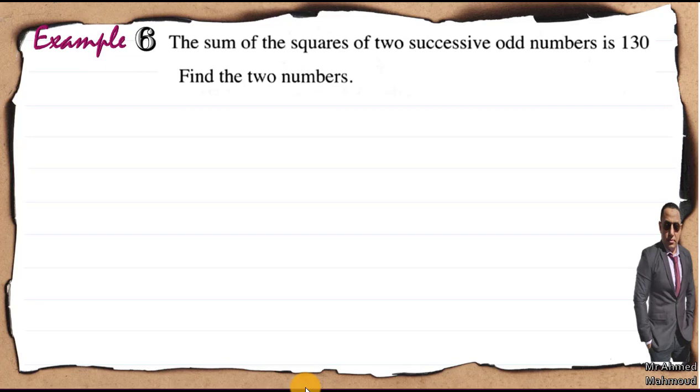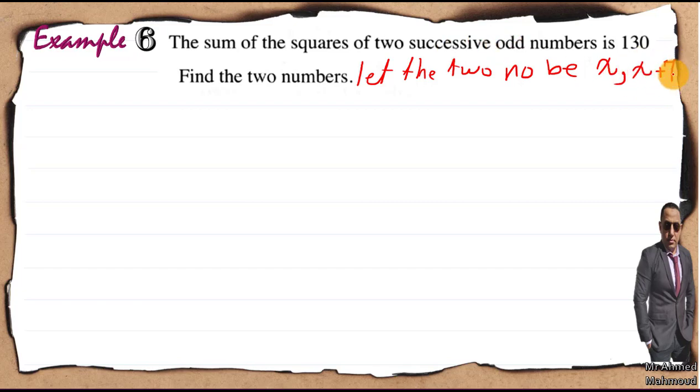Okay, here the sum of squares of two successive, meaning consecutive, odd numbers is 130. Okay, first let the two numbers be x, and it's successive odd x plus 2.